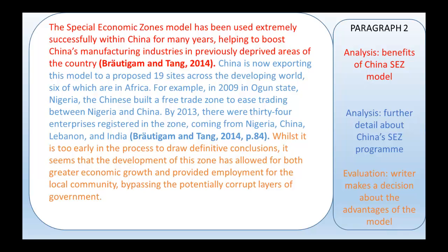Being able to talk about detail when you analyse is very important. And then we've got some evaluation. Well, it's too early to draw conclusions, but it seems that the Chinese SEZ programme might be a good one. So we've got analysis, and then the writer's evaluation is based on that analysis.